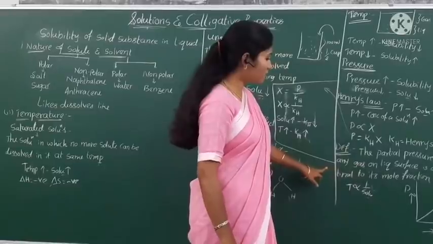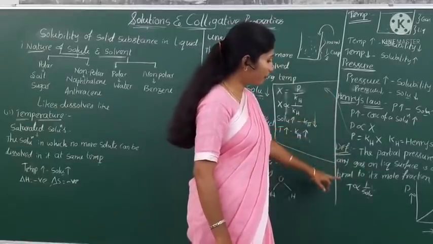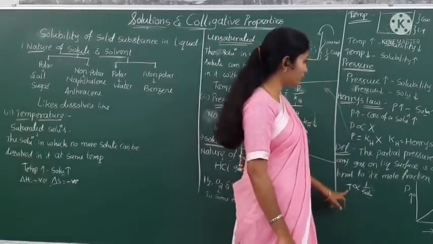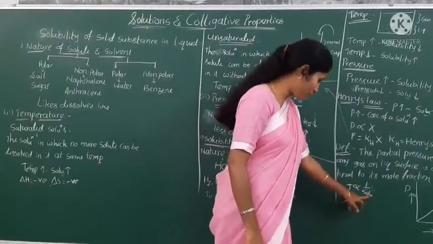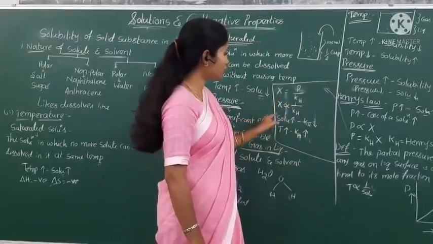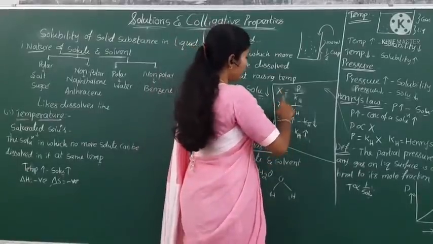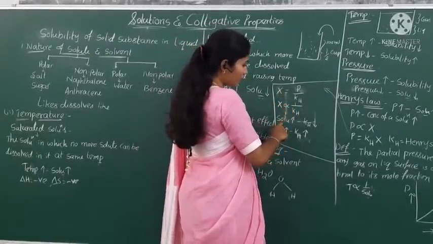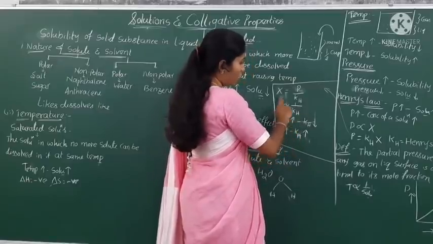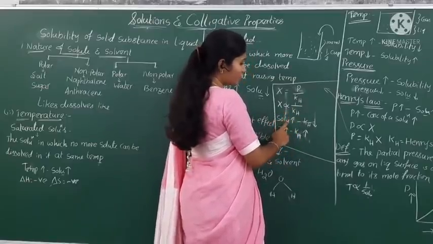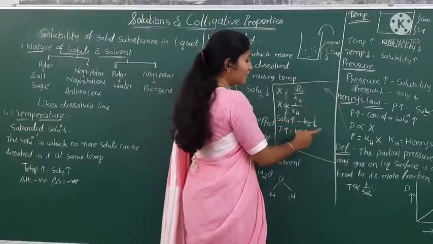Next, how temperature affects solubility: temperature is inversely proportional to solubility. From this equation, by increasing solubility, the KH value decreases.